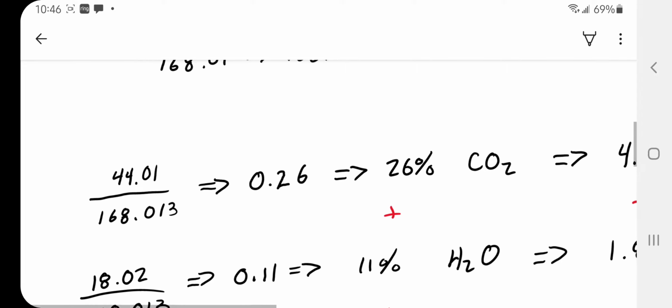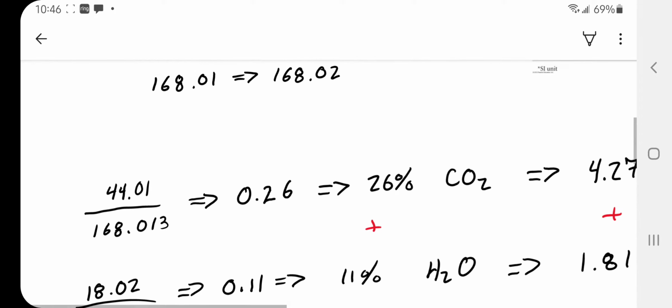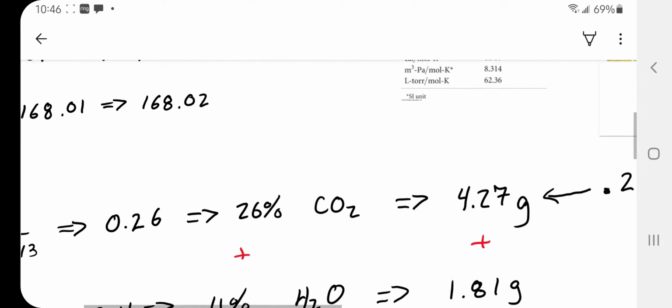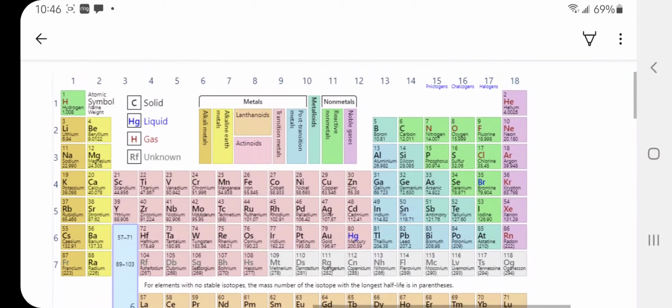And to do that, we need to simply find the atomic mass of CO2, which you could refer to your periodic table. CO2 has carbon and oxygen, and we simply add carbon, which is 12.011, to oxygen, which is 15.99, plus another oxygen, which is 15.99.